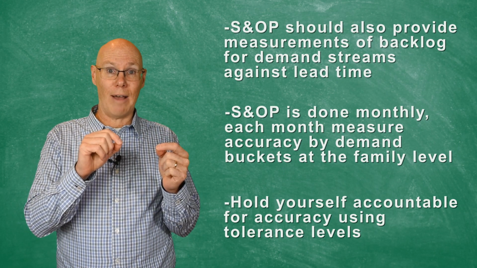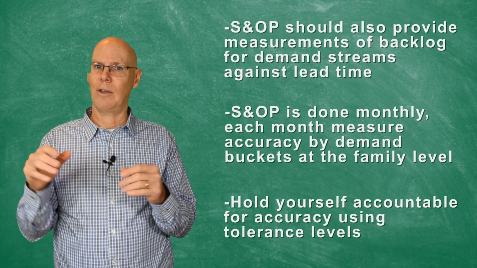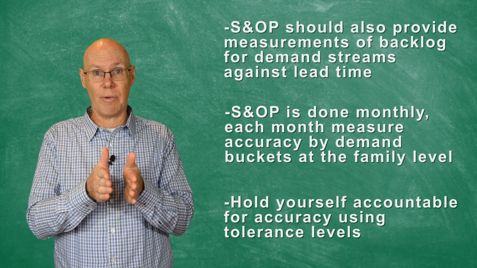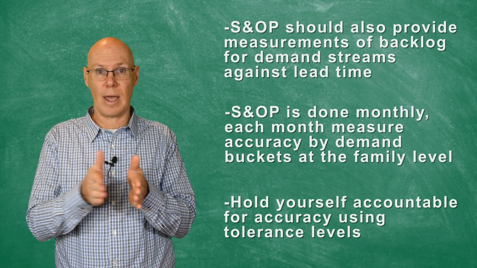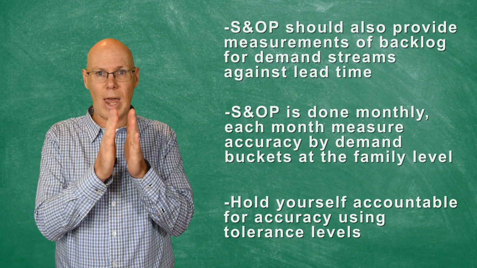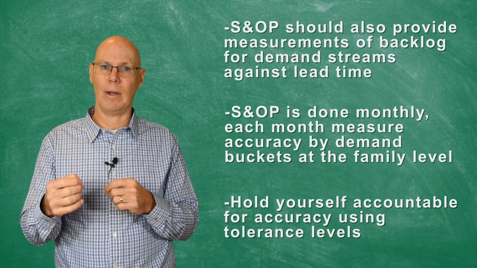The tolerance level should also be aligned to that lead time buffer size. For example, a short lead time part will have a tighter tolerance for bookings than a long lead time part because the time between booking and shipping is much less, and therefore the forecast needs to be more accurate.